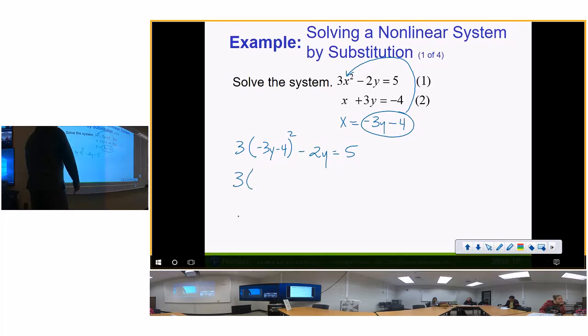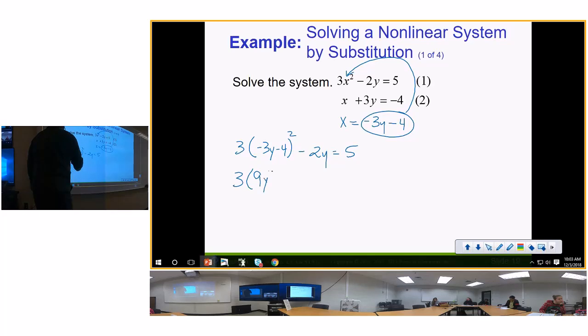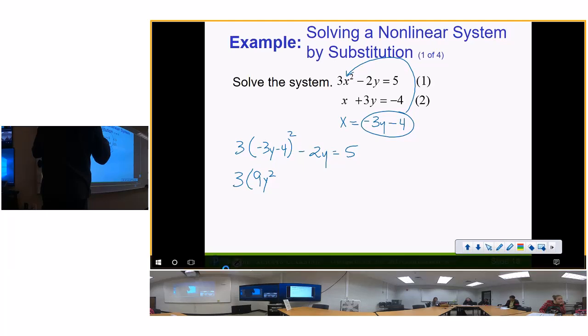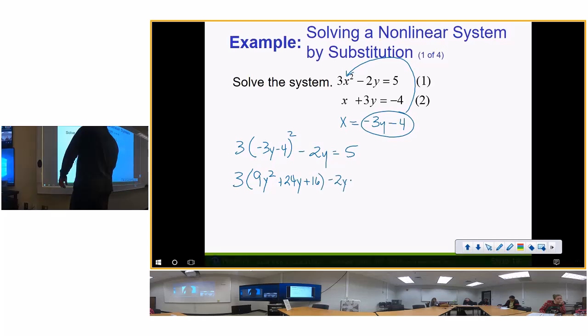So 3 times, okay, that's going to be 9y squared. And then 2 times negative 3 times negative 4 is going to be 24. Somebody help me out. Plus 24y plus 16 minus 2y is equal to 5.